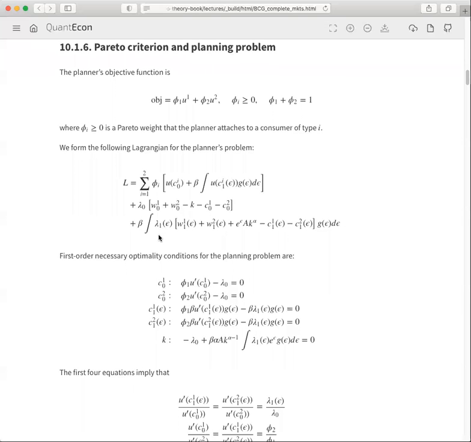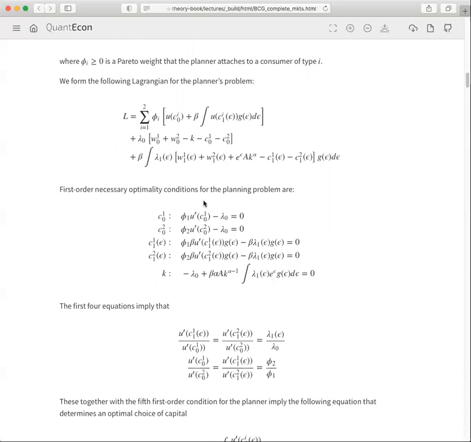So then that's my Lagrangian, and then I'm going to take first order conditions with respect to first period consumption, time 0 consumption of the two types, second period consumption in state epsilon of the two types, and physical capital. So I get this condition.